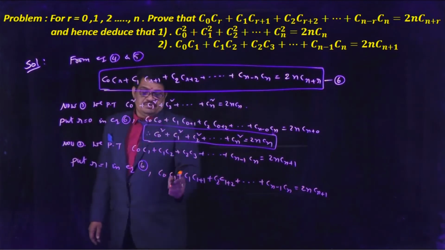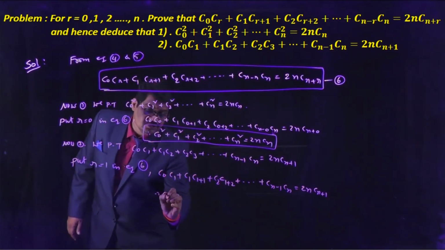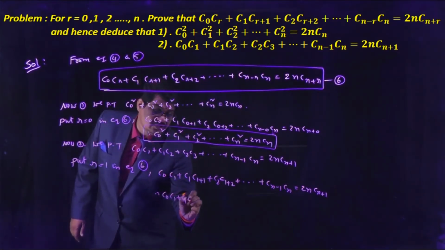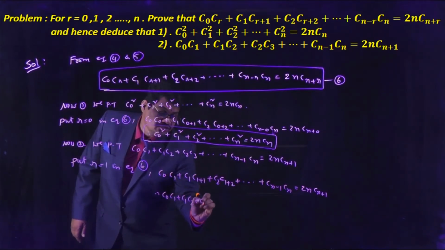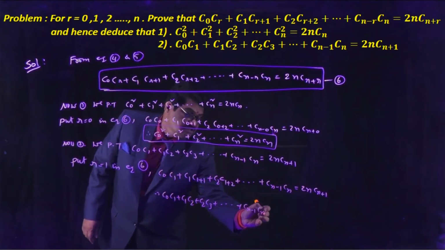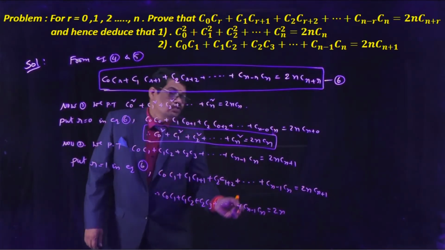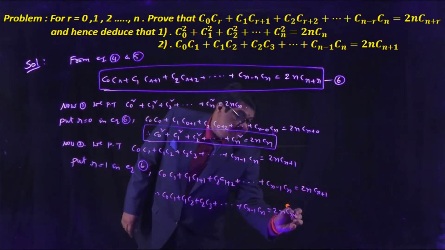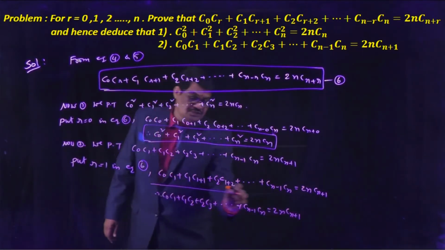So we are simplifying this one. Therefore C0 C1 plus C1 C2 plus C2 C3 and so on, plus Cn-1 Cn is equal to 2nCn+1.